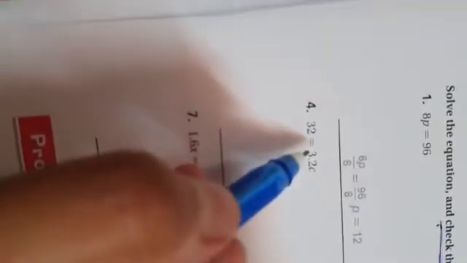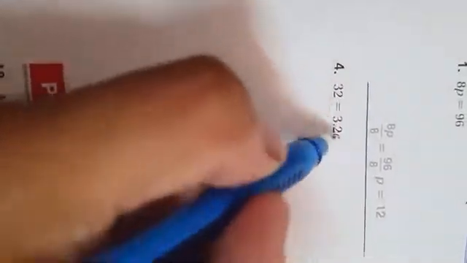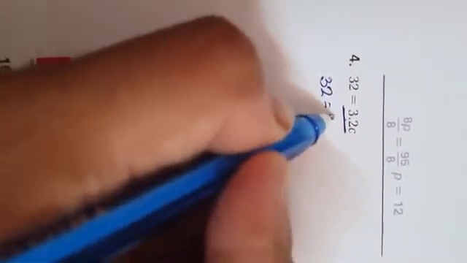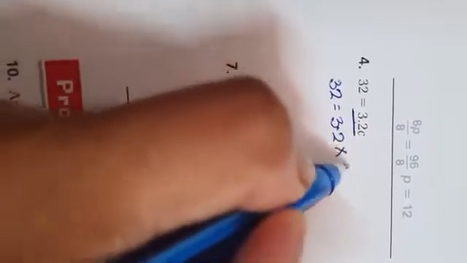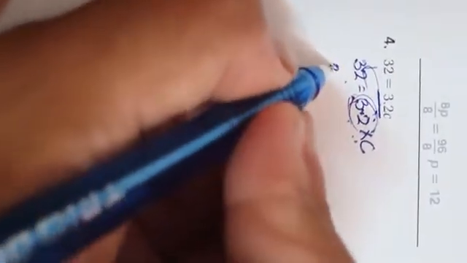Okay, so let's move on to question number 4. That's 32 again equals 3.2c. Again here it means 32 equals 3.2 multiplied by c, right? So when it's multiplied, we have to remove the number away from the letter. The multiply will change into divide. So that's going to be 32 divided by 3.2 equals c.